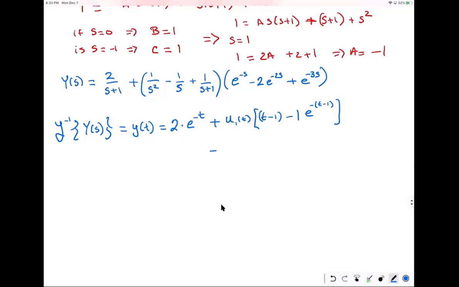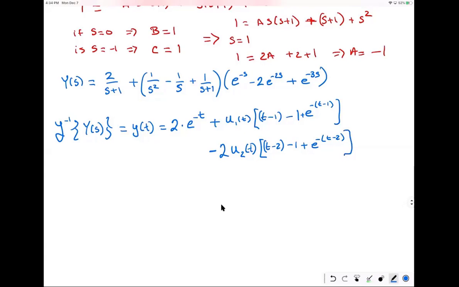And then the next one I'm going to write down below would be minus 2. So minus 2, and then we have the u sub 2 of t. And again, we're getting that from this e to the minus as. It'll be the same as above, but we have to shift by 2. So this will be t minus 2 minus 1, plus, this needs a plus, plus e to the minus (t minus 2).